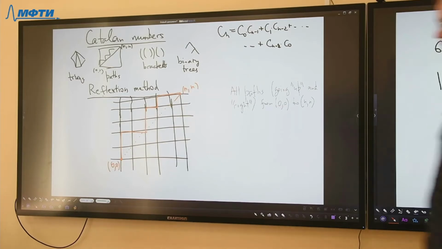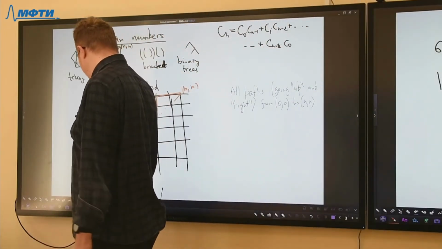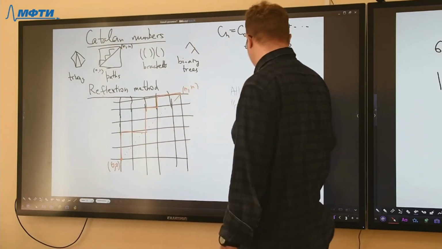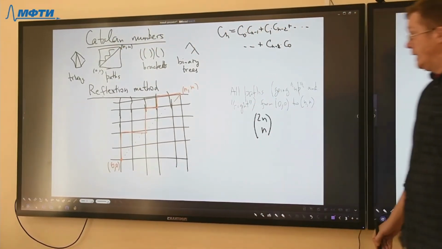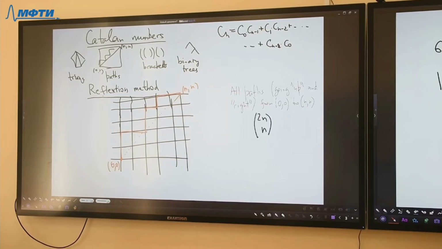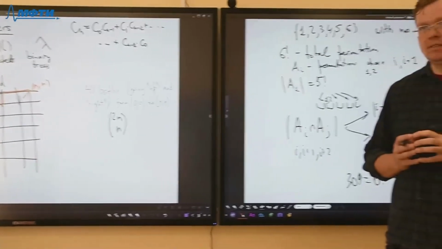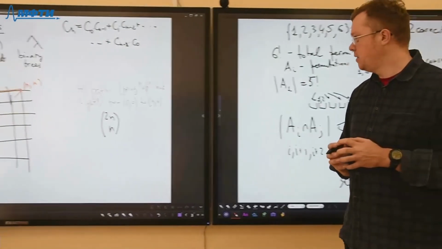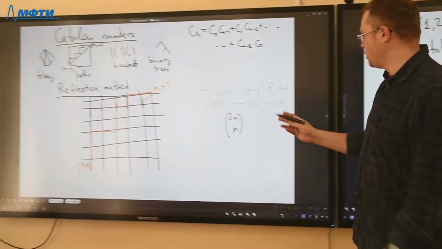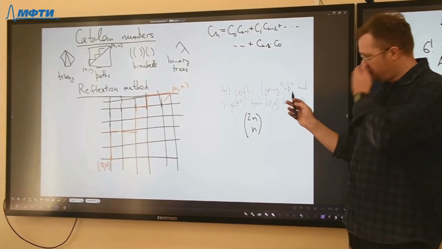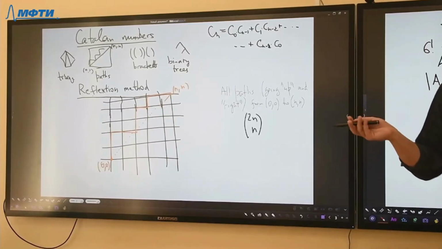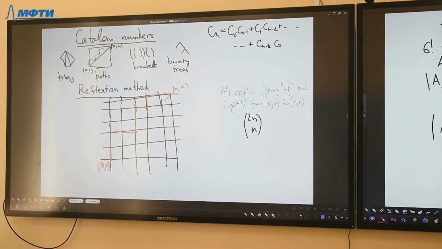The answer is 2n choose n. Why? Yeah, so we have sequences of ups and rights, and exactly n of them should go up, and this is exactly the number of combinations.